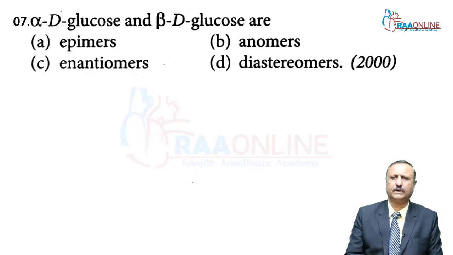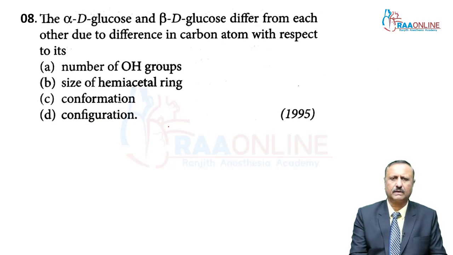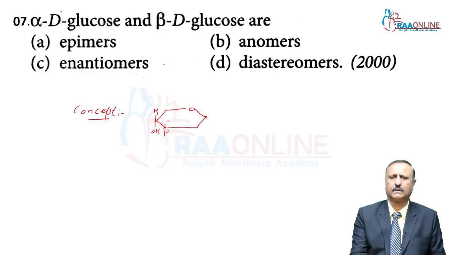This is question number 7. Alpha D glucose and beta D glucose, what is the difference? I told the concept in the earlier slide, in the earlier question. Here in alpha D glucose, this carbon atom is called the anomeric carbon atom, and this ring is called pyranose. Only on the third carbon atom you can see OH and H; on the other carbon atoms you get HOH.